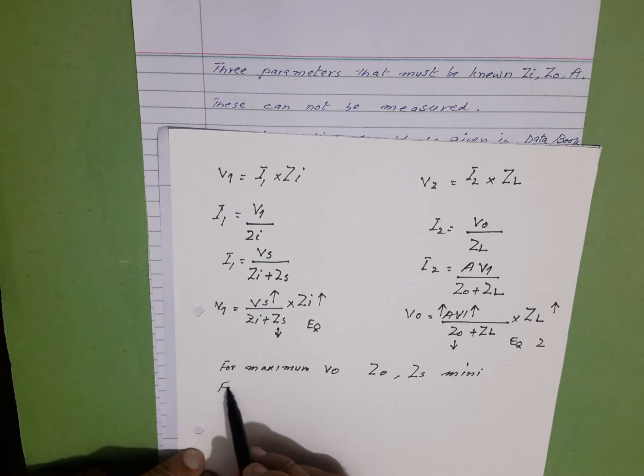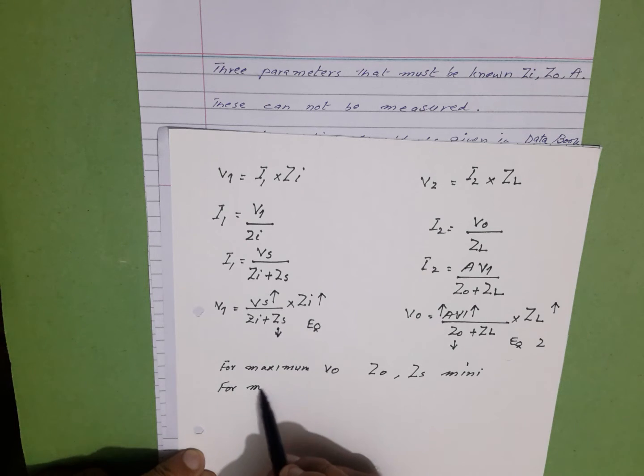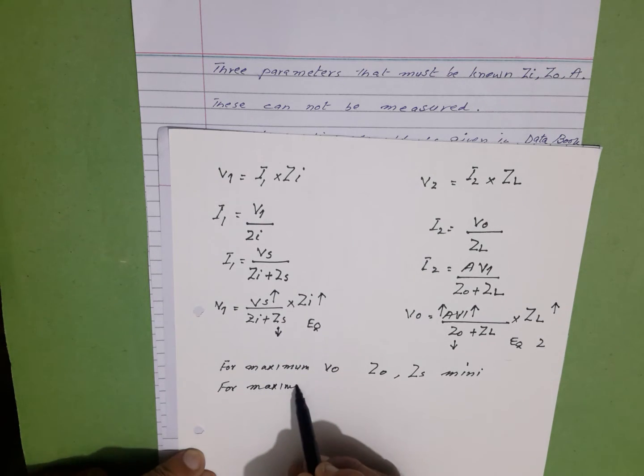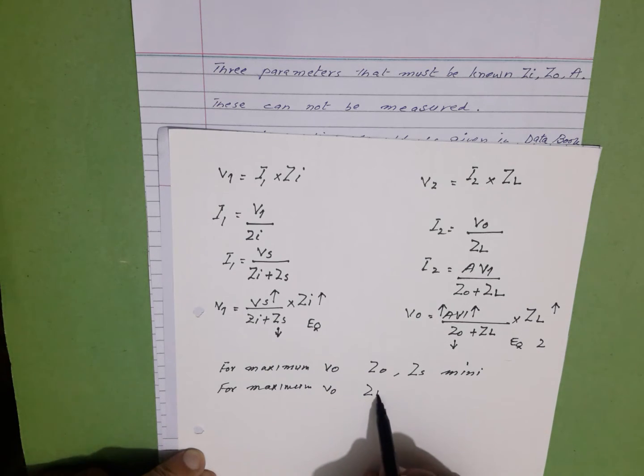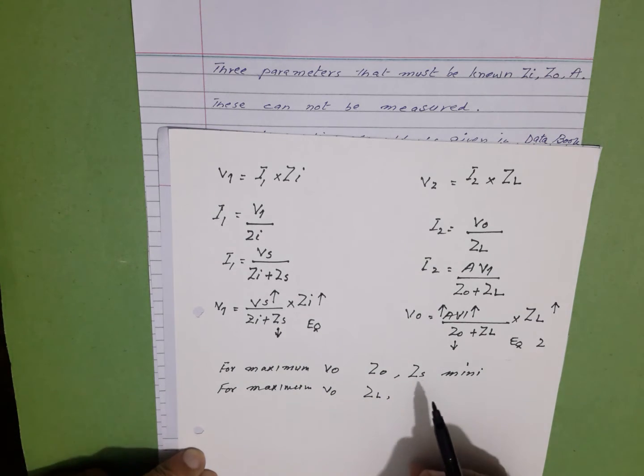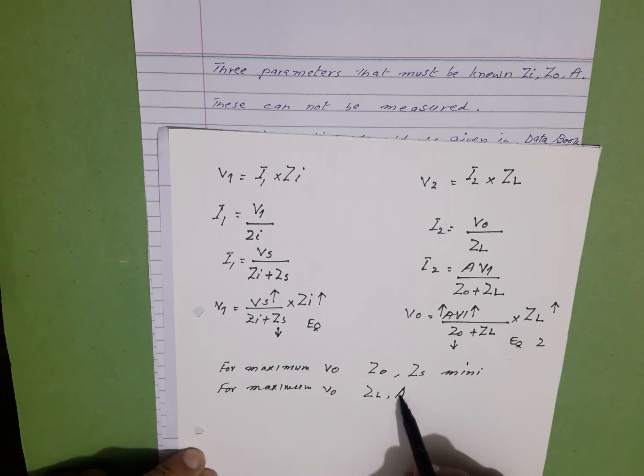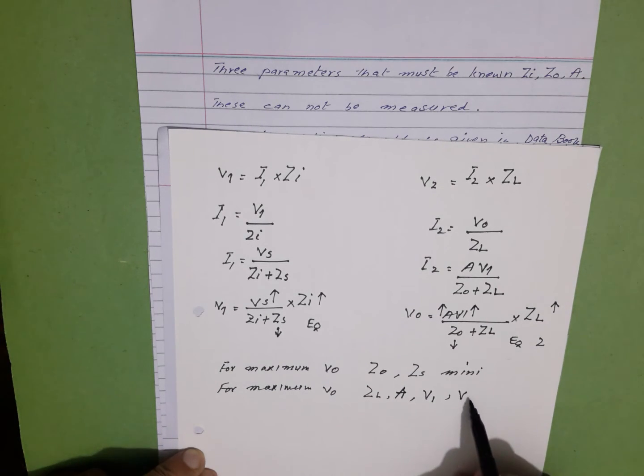For maximum V0, ZL should be high, gain should be high, V1 should be high, Vs should be high.